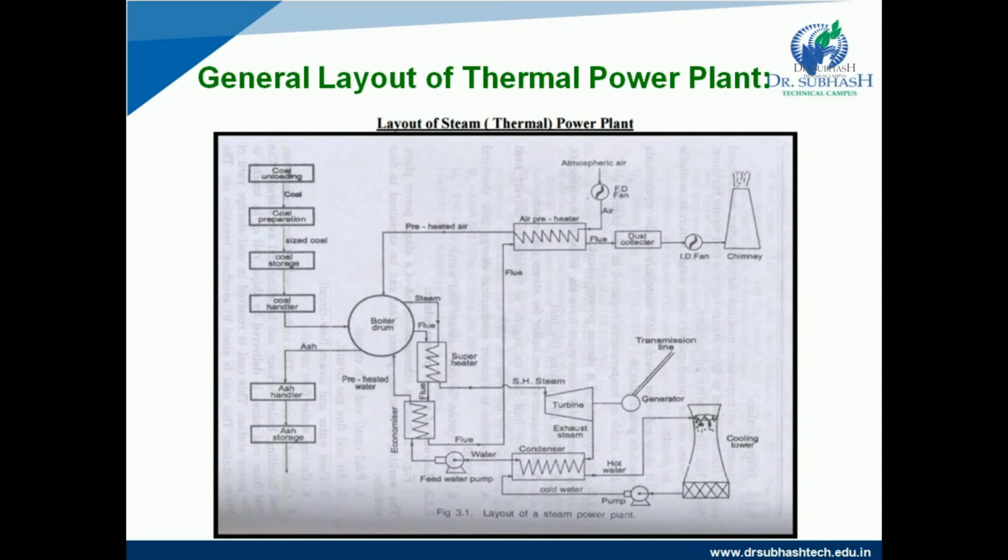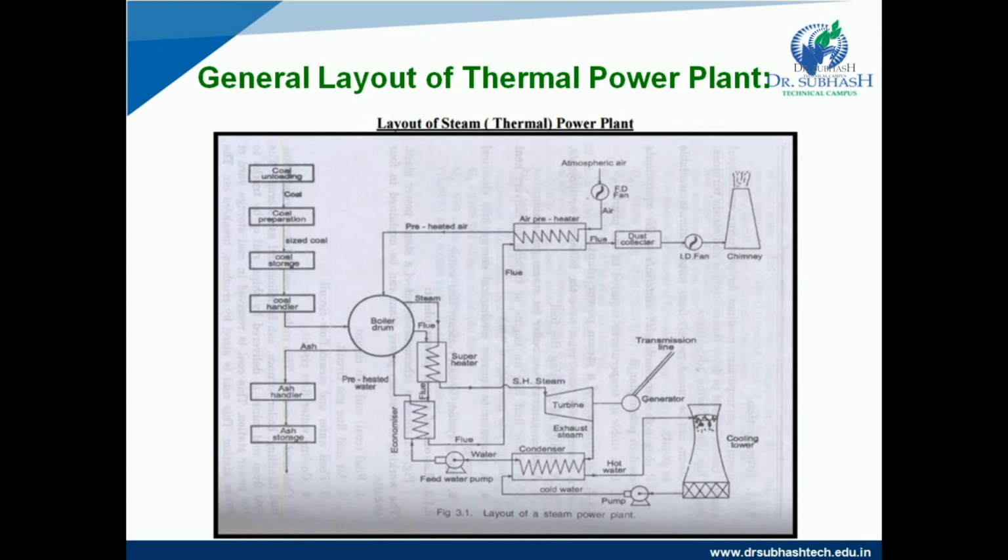Right? Now feed water pump, you can see in the figure. The condensed water is again fed to the boiler by a feed water pump. Some water may be lost during the cycle, which is suitably supplied from an external water source. Right?